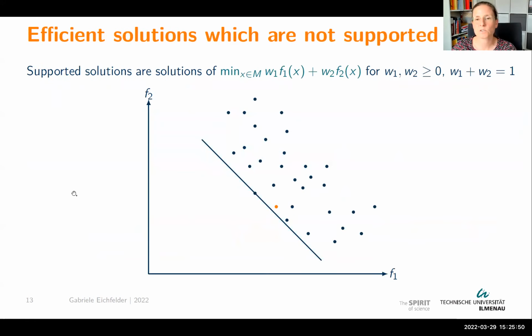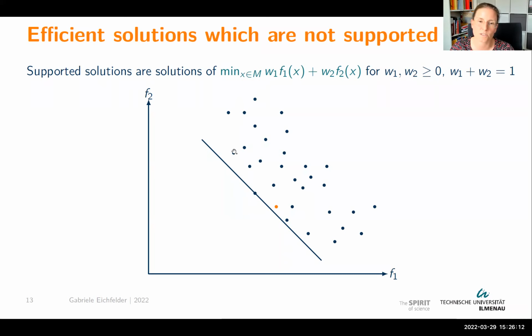I try to illustrate here what's happening. This illustration is now again in the image space. We have two objective functions, and assume we have just a fully discrete problem. So our feasible set is a discrete set, and we have just a finite number of points here. Then it's very easy to find the non-dominated points, or the images of efficient points.